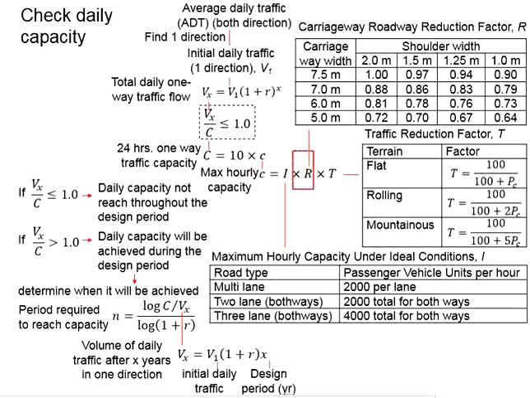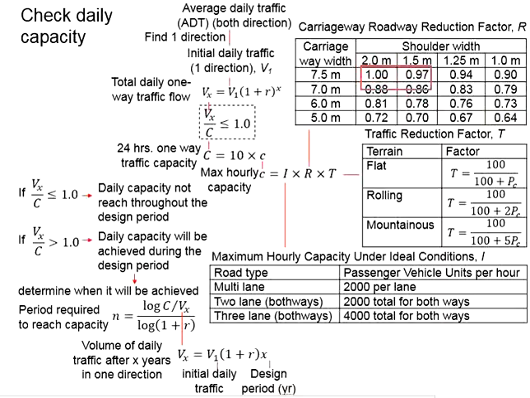Next is the R. It represents the carriageway roadway reduction factor. This R factor is governed by the carriageway width as well as the road shoulder width. The narrower the carriageway and the road shoulder, the more the efficiency of the traffic flow reduces. Therefore, the R factor here becomes very small.